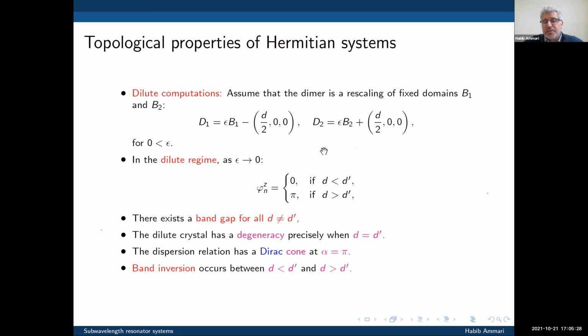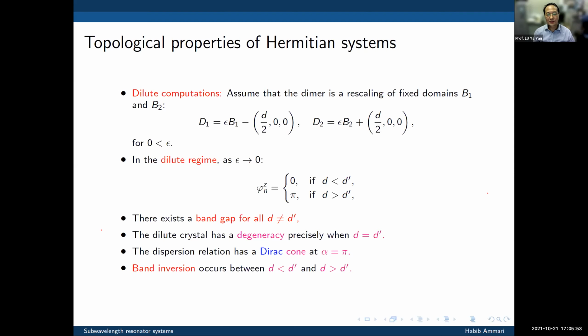What we can do, we can do it only in the dilute regime. We think that this is true in the general regime, but we can prove it only in the dilute regime. In the dilute regime, this is discrete; it takes the values 0 and pi. And we have this Dirac cone, degeneracy, and so on.